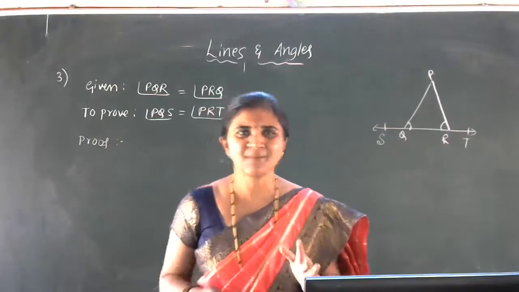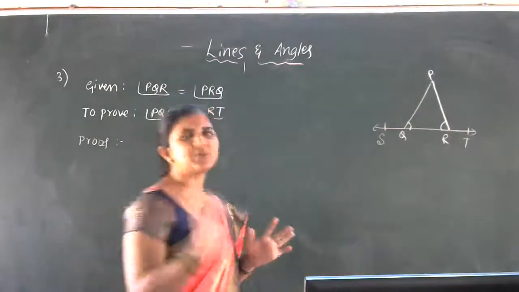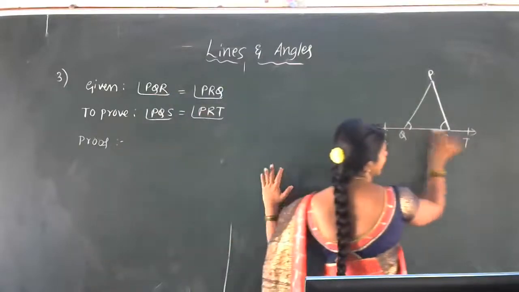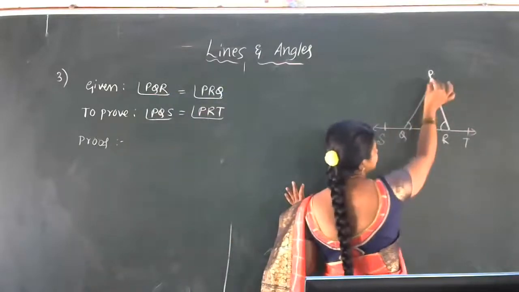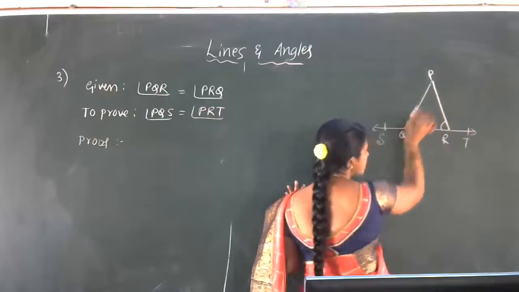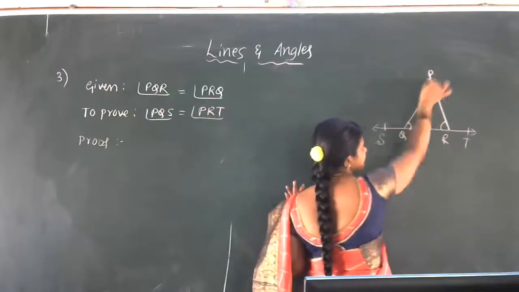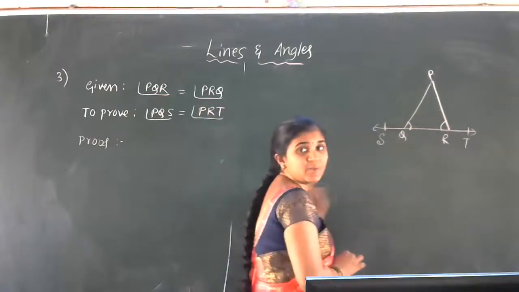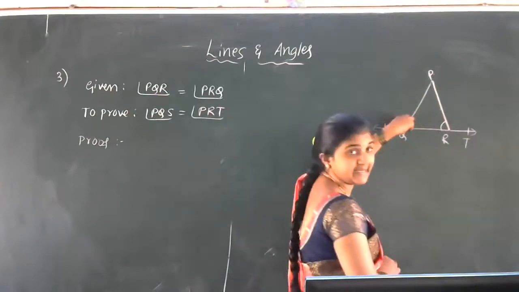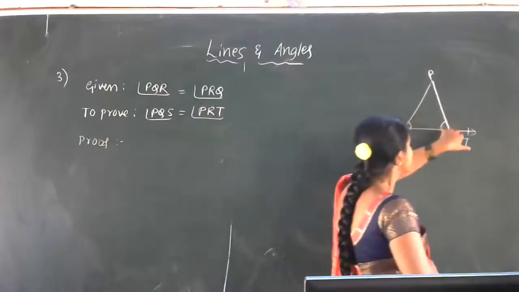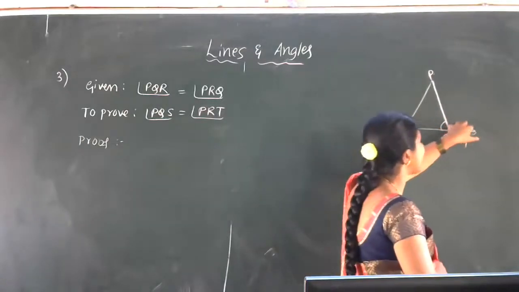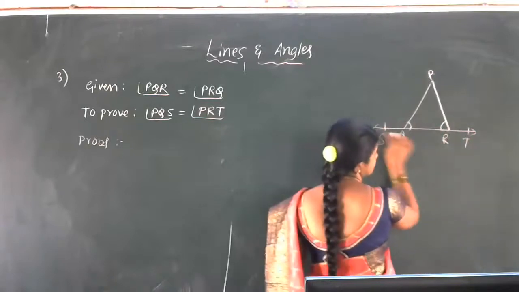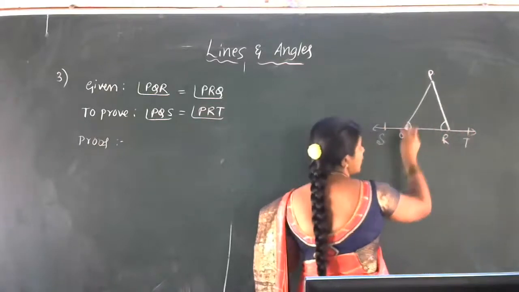First we'll apply the linear pair. You are observing the line here, so we can take this PQ as a ray. This PQS plus PQR, these two angles form 180 degrees. Here ST is a line, PQ is a ray.